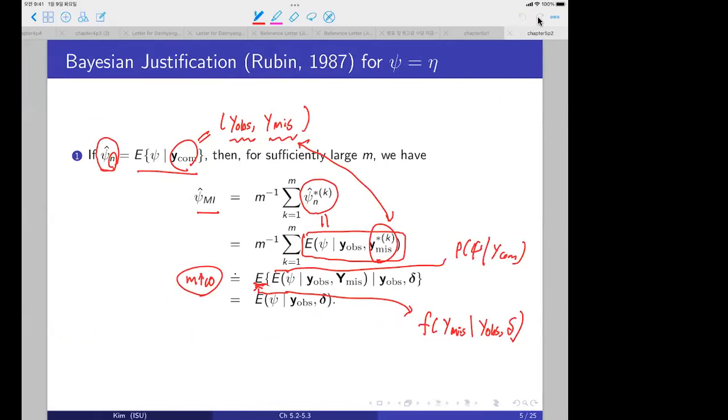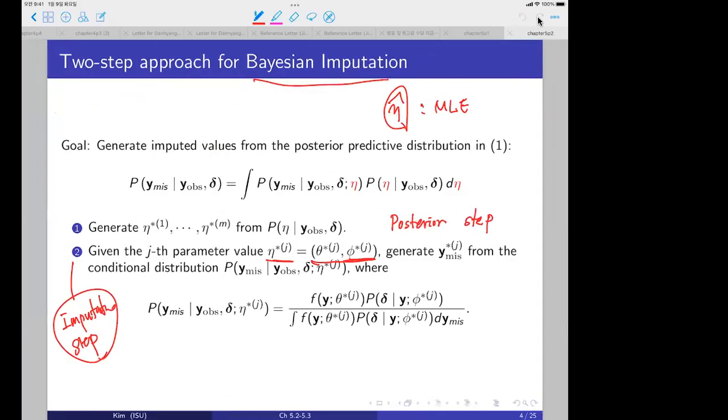Your question is what happened to eta here? Yeah, because delta is integral. So this one itself is a two-step here.